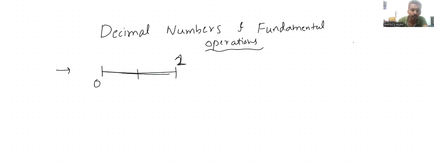If you divide it into four parts, each one is 1 by 4. Like that, now you divide it into 10 parts. So 1 by 10, that is 0.1. So each one is 0.1. This point is called decimal.